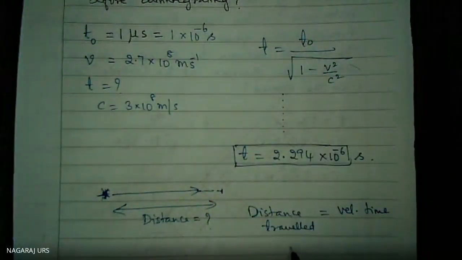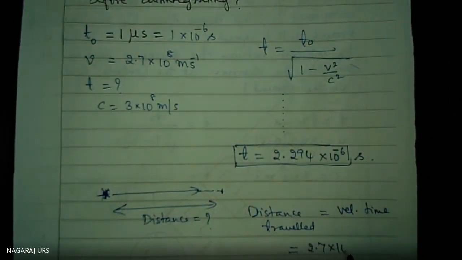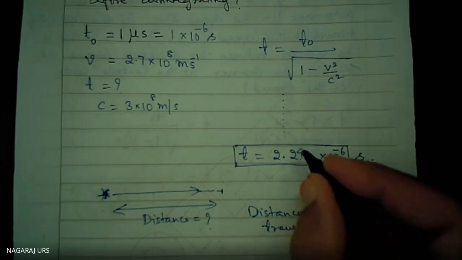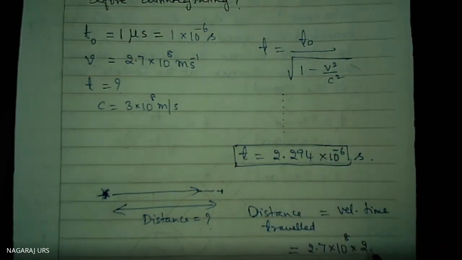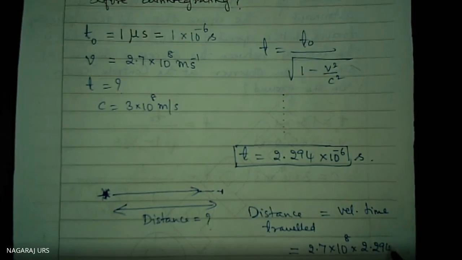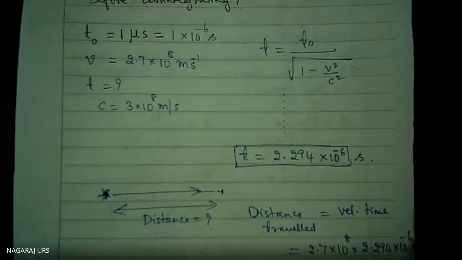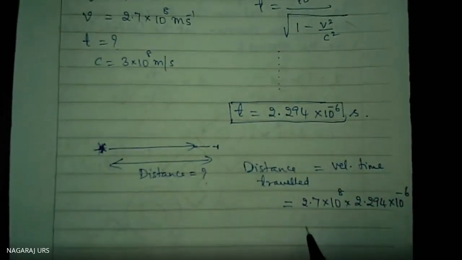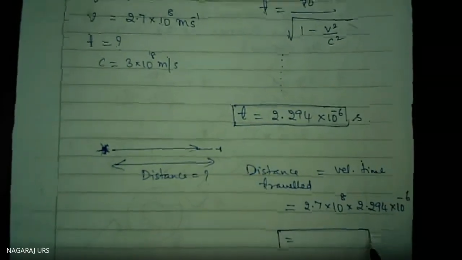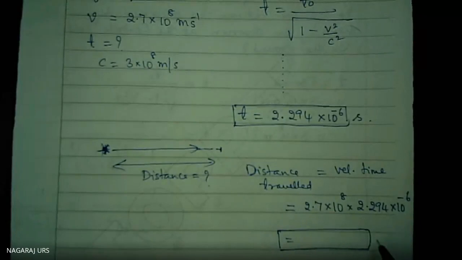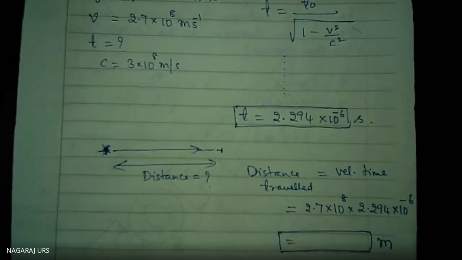So the distance traveled is equal to 2.7 × 10^8, and the time interval is 2.294 × 10^-6. So substitution is over. The distance traveled you have to calculate using your calculator. So many meters.